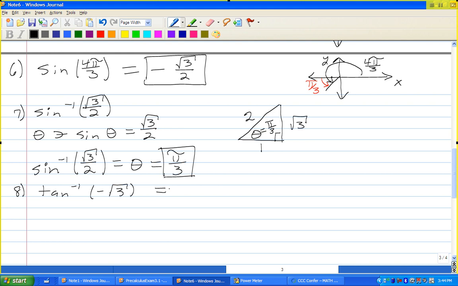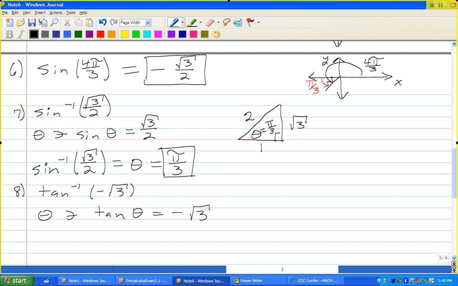And so, root 3, so I want to find theta such that tangent of theta is negative root 3.